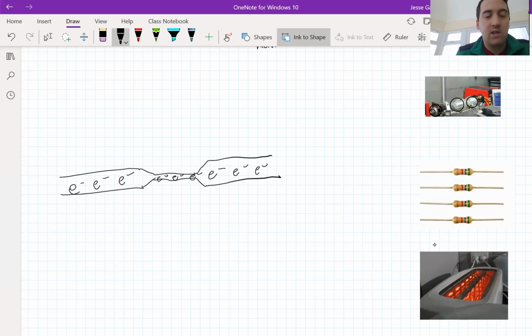And as they do so, they slow down, and energy is transferred to the surroundings. So the resistance reduces the current, and energy gets transferred by heating transfer. So energy gets transferred as heat in a resistor.